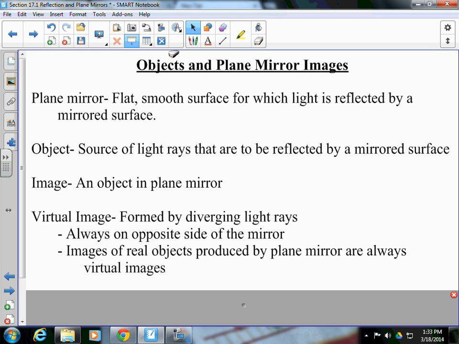If the rays are on the object's side of the mirror, it is a real image. So we're going to talk about real images versus virtual images. Again, virtual images are on the opposite side of the mirror, real images on the same side of the mirror.